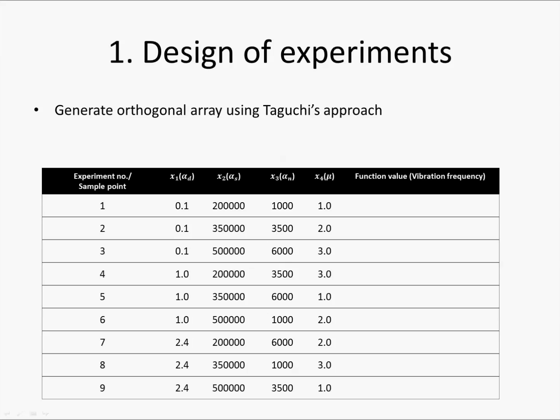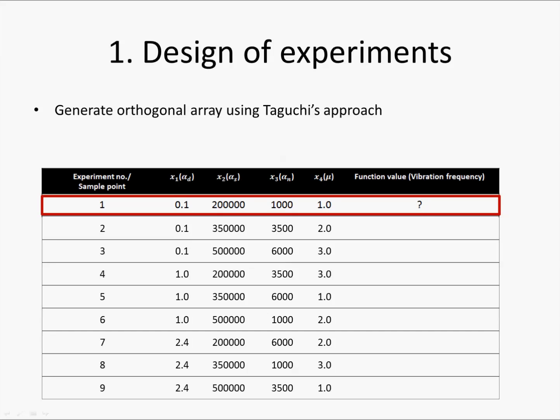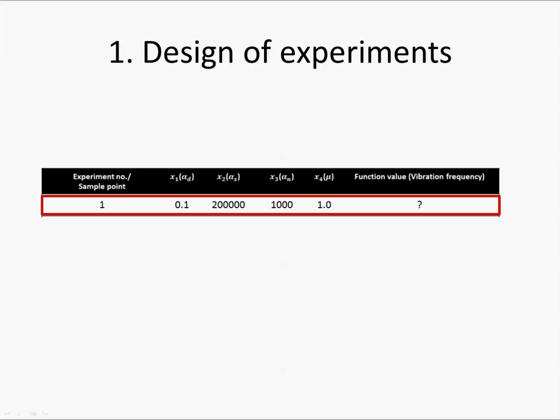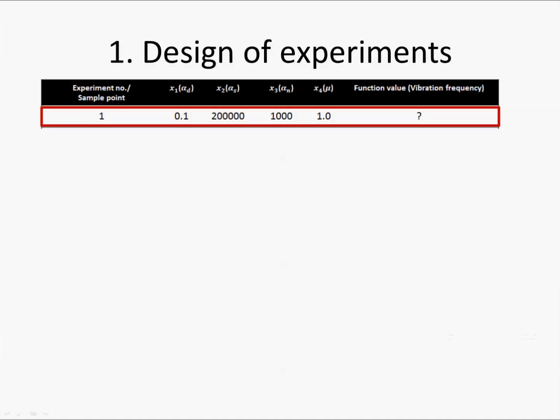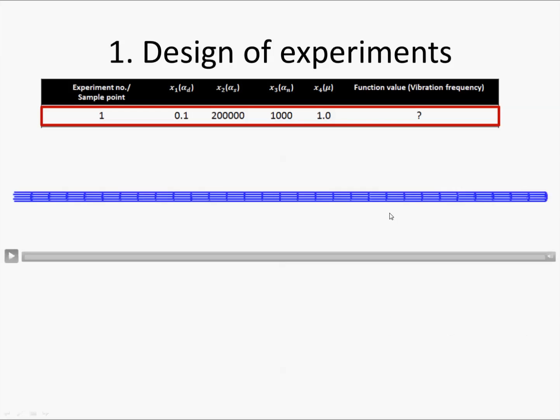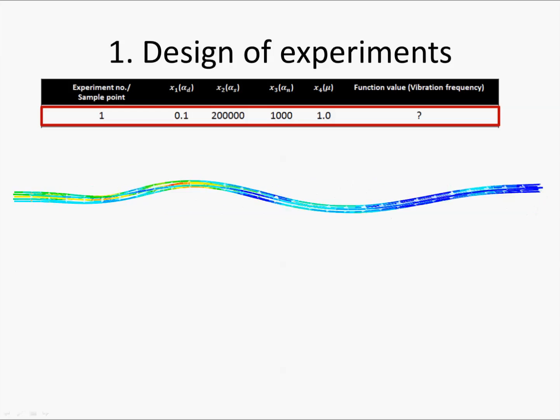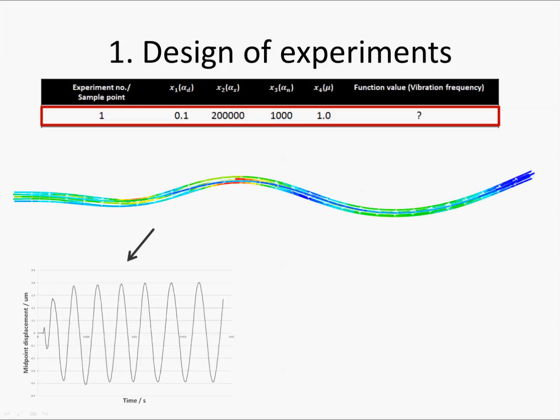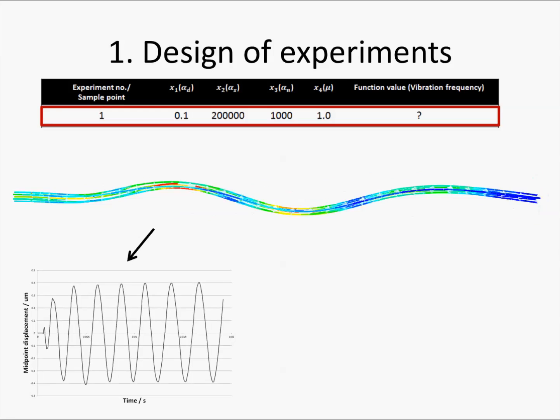What I need to do next is to evaluate the function values at each sample point. For example, for the first one, I can build an FE model using these parameters and simulate it, and here is the simulation result I got. And here is a response plot, the midpoint displacement versus time.